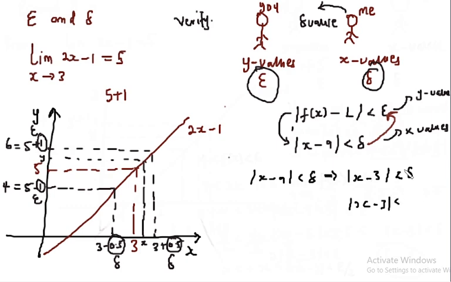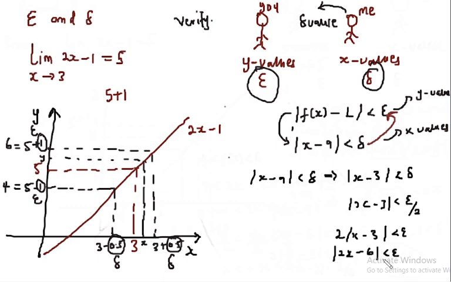Remember, I gave you delta to be epsilon over 2. So this is epsilon over 2. Since my aim is to make it this way, I have to isolate epsilon. So I cross multiply, so that x minus 3 times 2 is less than epsilon. I open these brackets to get 2x minus 6 less than epsilon.